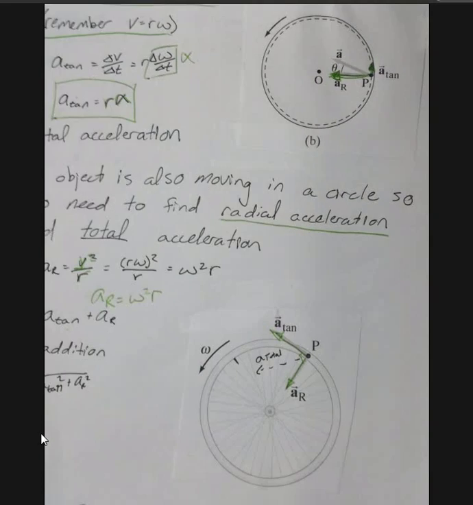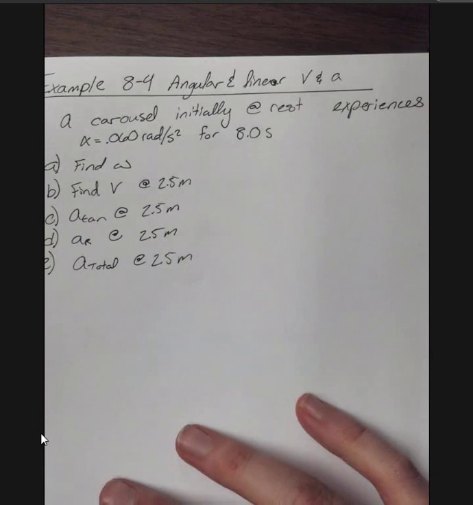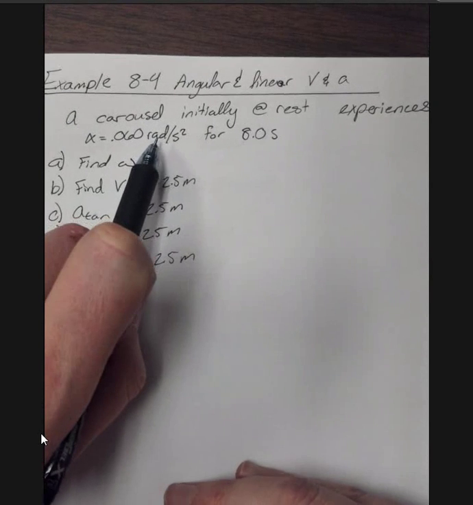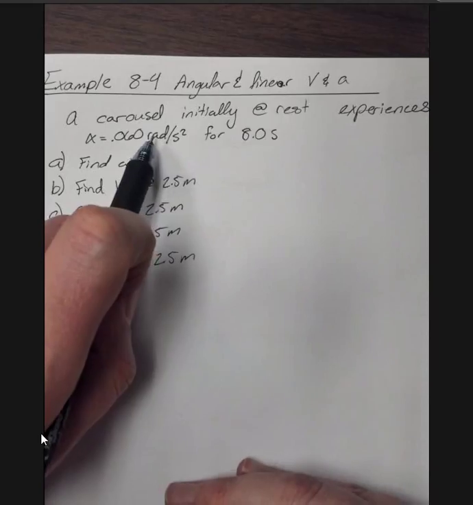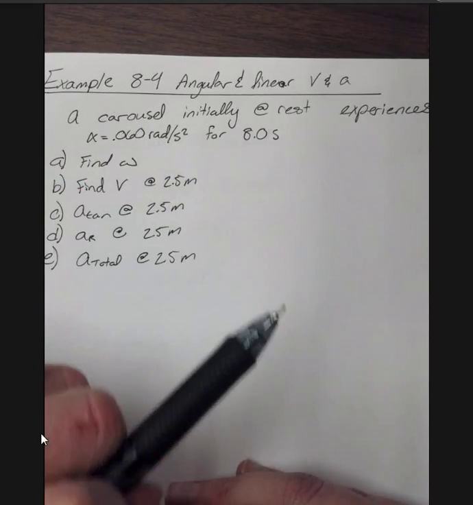So let's look at an example of how to do problem solving with this, where you have a combination of angular and linear velocities and accelerations. You've got a carousel that starts at rest and experiences a constant angular acceleration of 0.060 radians per second squared, which causes its angular velocity to increase from rest for 8 seconds.